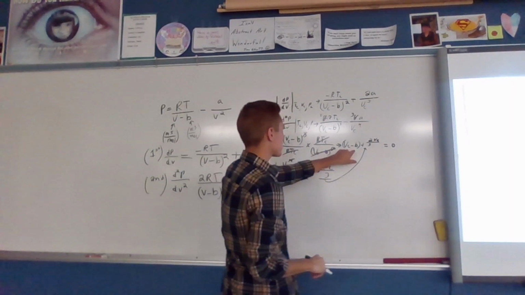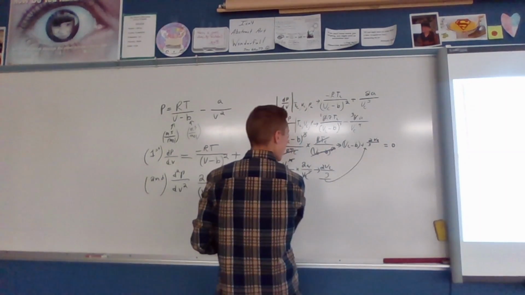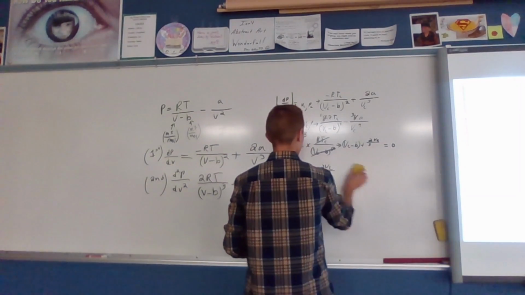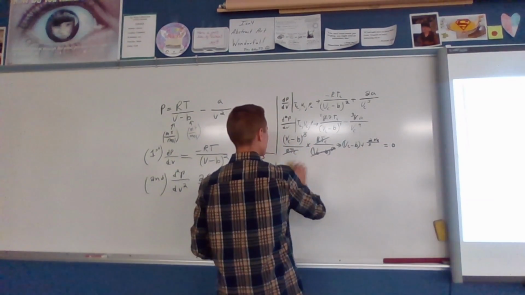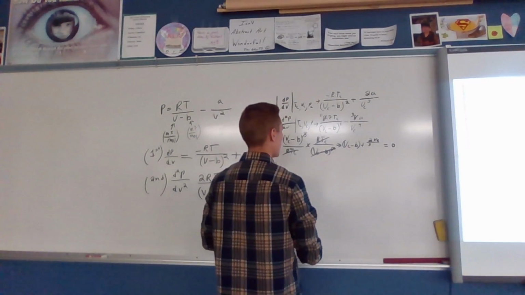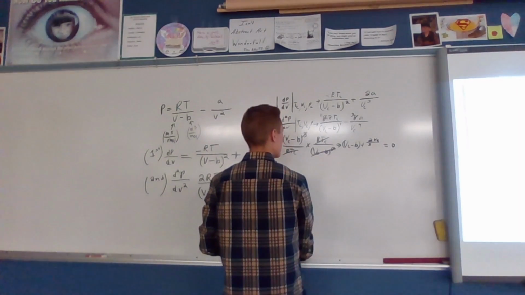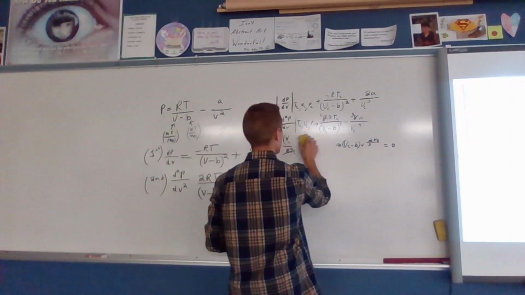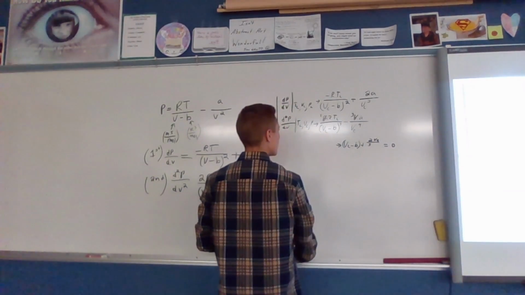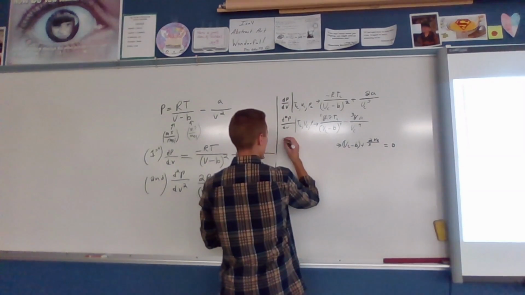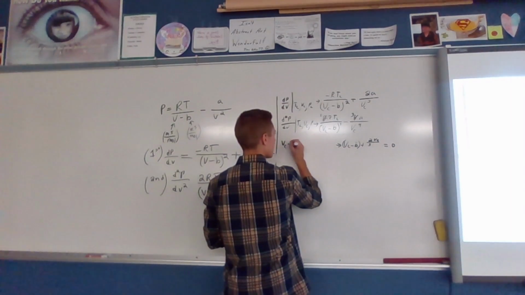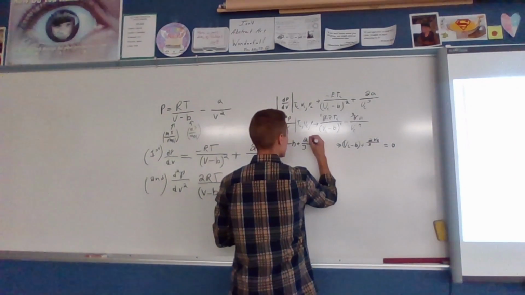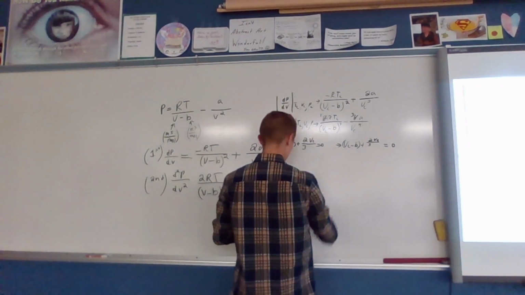So now we can start solving for B. Let's erase this and make some room, we'll need a little more room here to solve for A and B. So we have our volume minus B plus 2/3 critical volume equals 0.